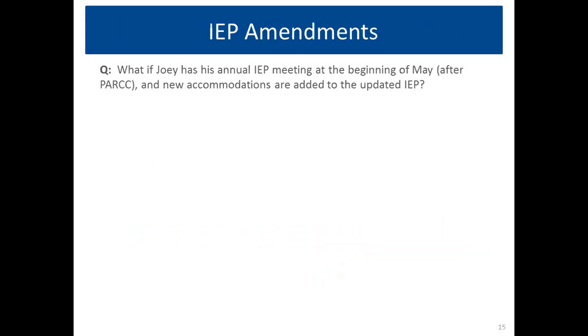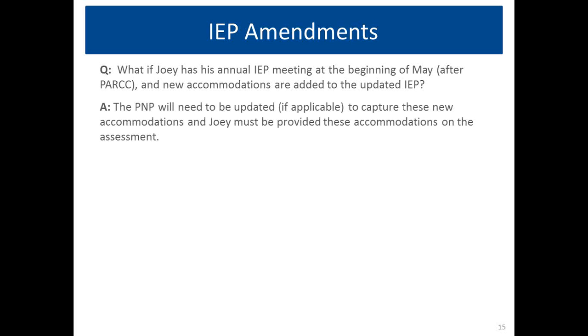Here are a few frequently asked questions about IEP amendments when it comes to the science assessment. What if Joey has his IEP meeting at the beginning of May, after PARCC is over and done, and new accommodations have been added to Joey's updated IEP? What do you do? Well, you're going to need to update the PNP because what's in the PNP is left over from the PARCC assessment.